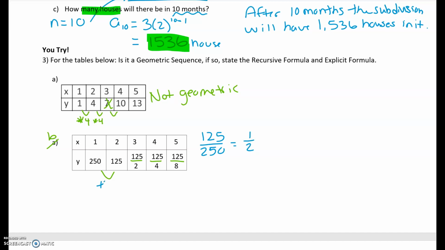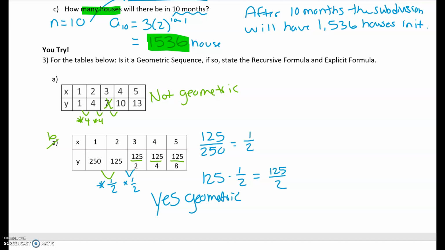Okay, so let's say if we multiply by 1/2, we should get to 125. Is that going to hold true for the second one? Well, if you take 125 and multiply it by 1/2, you definitely get 125 divided by 2. So we know that this is holding true. So this is geometric. So yes, geometric.